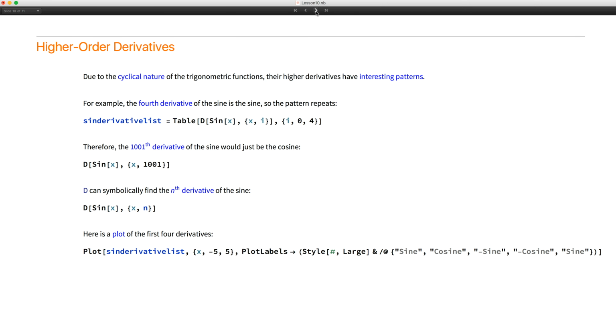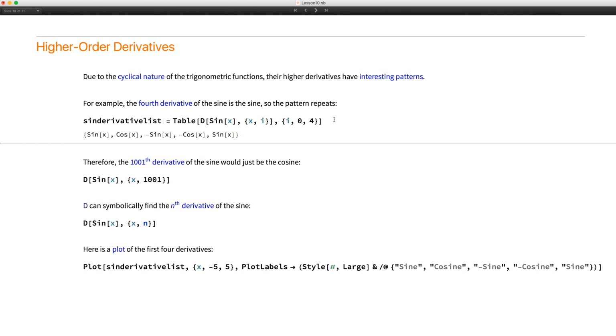Just a little bit about the higher derivatives of the trigonometric functions. We know that the trigonometric functions have a cyclical nature, so you would expect some kind of interesting pattern in their derivatives, and indeed that's what happens. Here is a table of the first 4 derivatives of sine. You have sine x, its derivative is cosine x, then negative sine x, then negative cosine x, and then sine x.